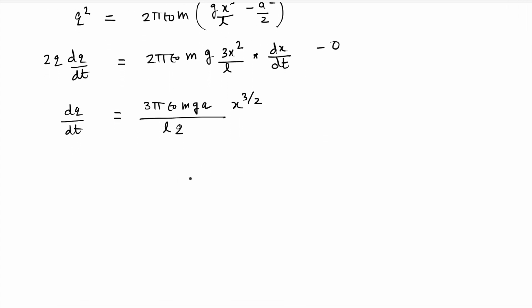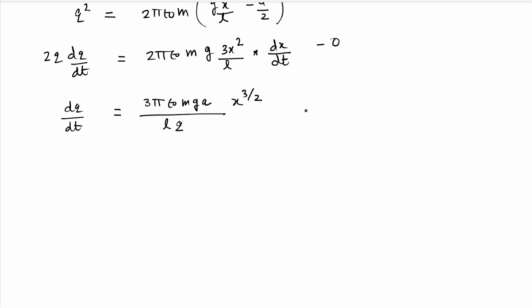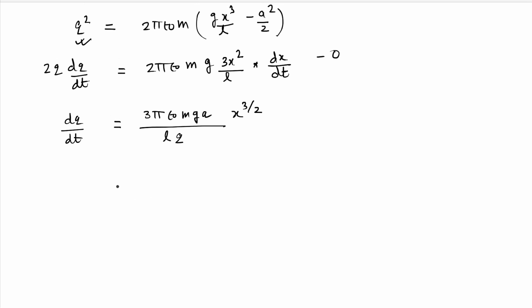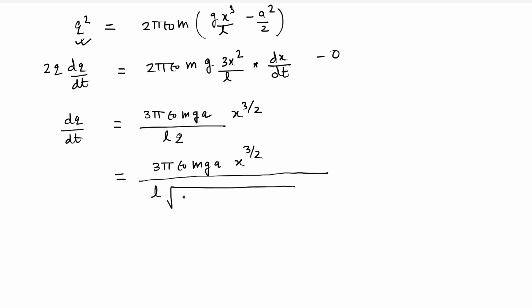Hence, now we plug in the q also here. So q is right here, so we can just take this and put it here. So this will become 3 pi epsilon naught mg a x to the power 3 by 2 divided by L, root under 2 pi epsilon naught m g x³ by L minus a² by 2.